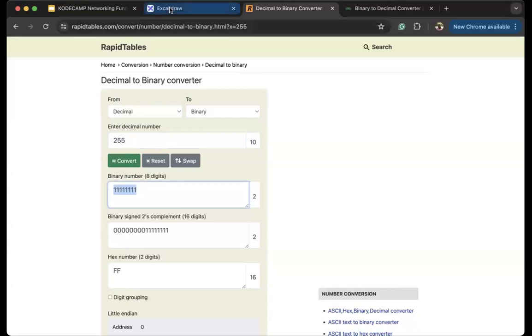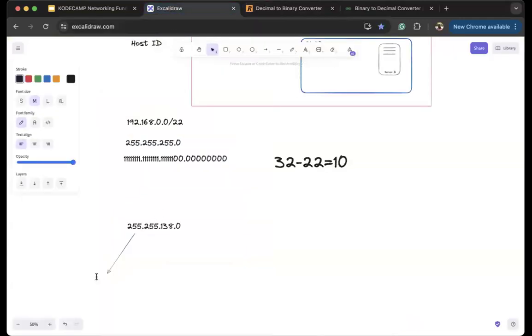So I'll take this number and I'll put it here, right? 255 again. We have the same number.